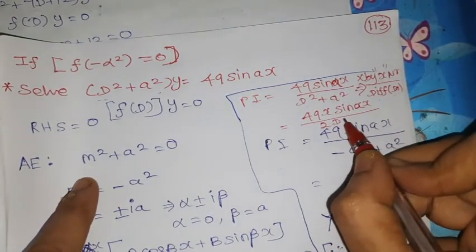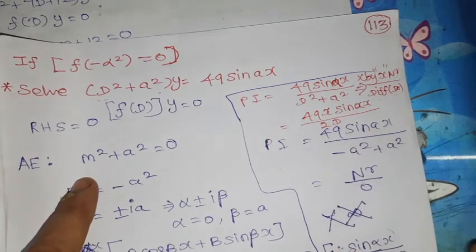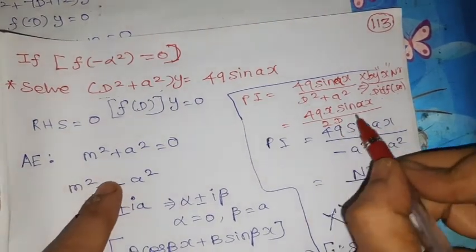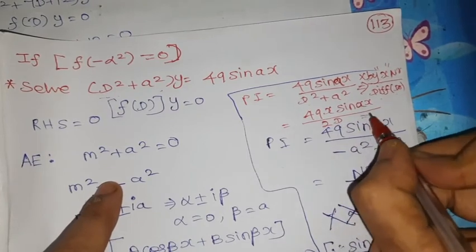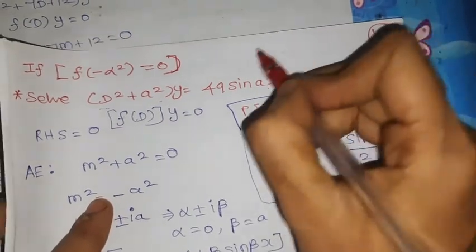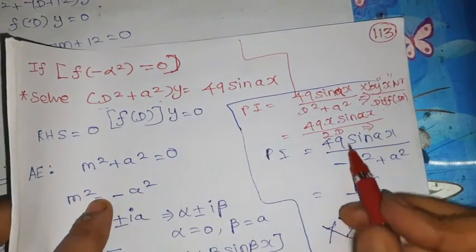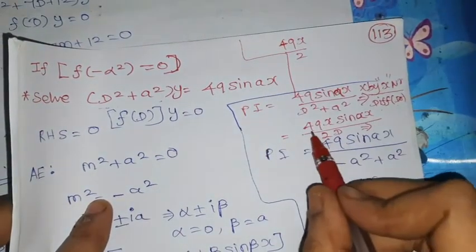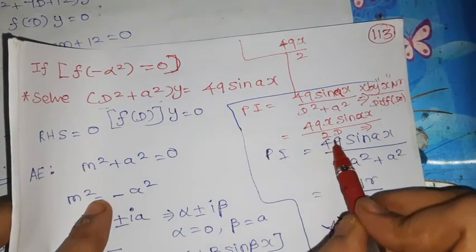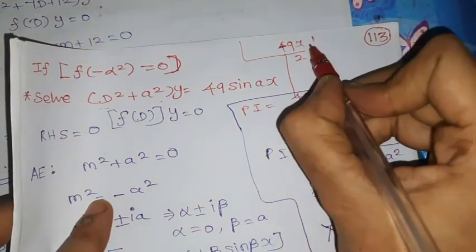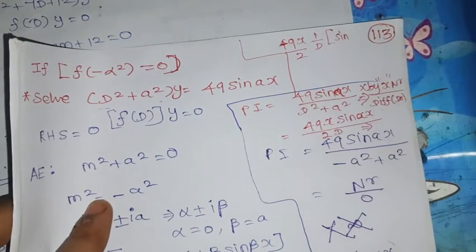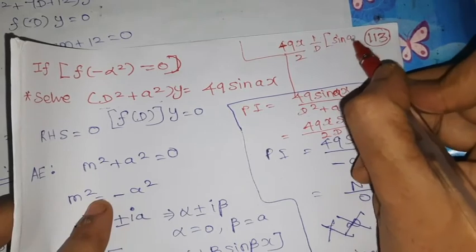So 49x by 2 times 1 by d of sin ax. 1 by d is integration.